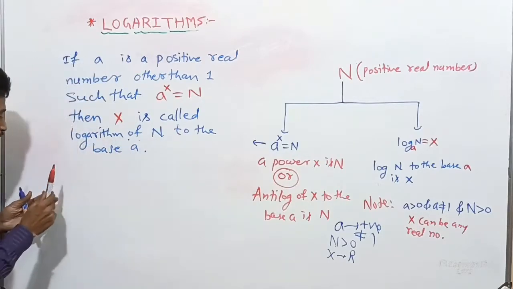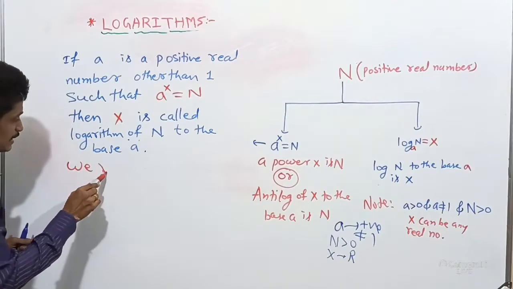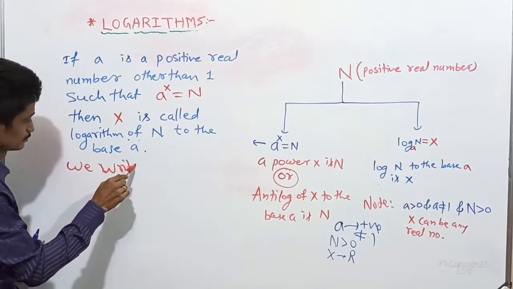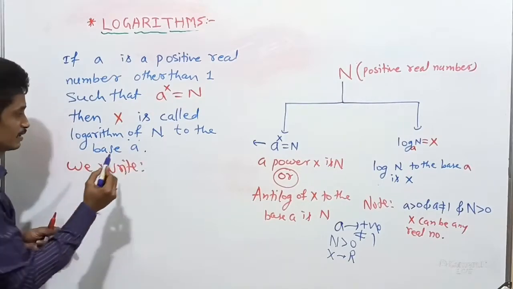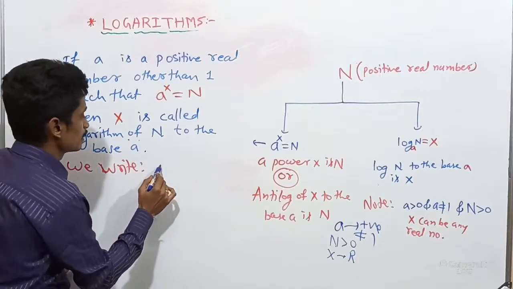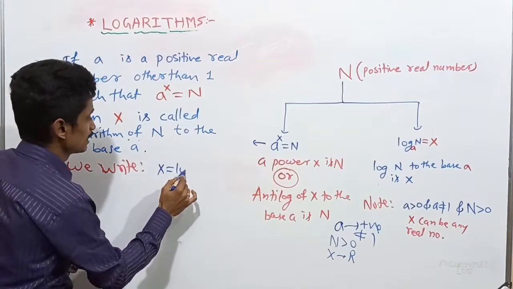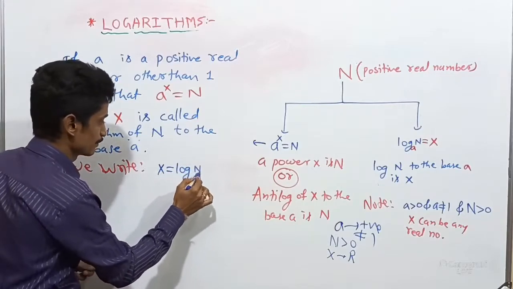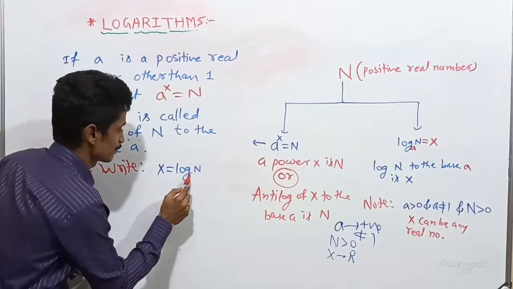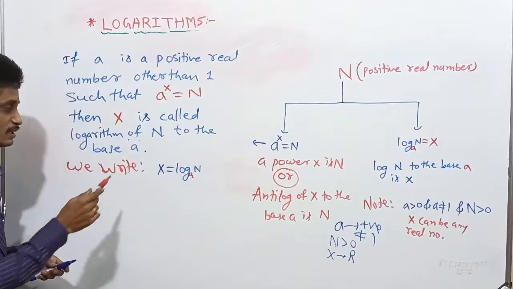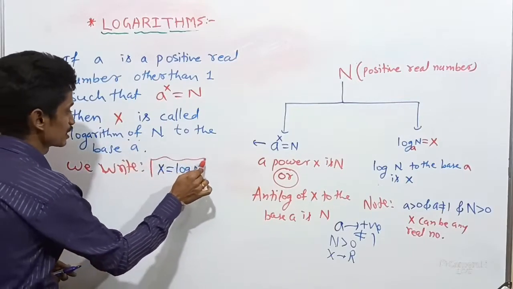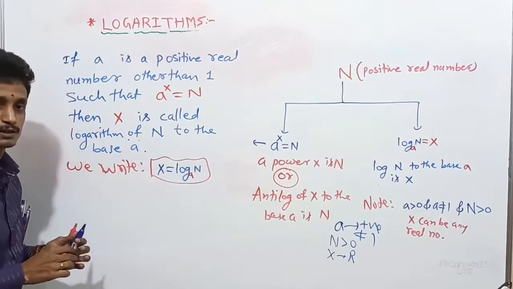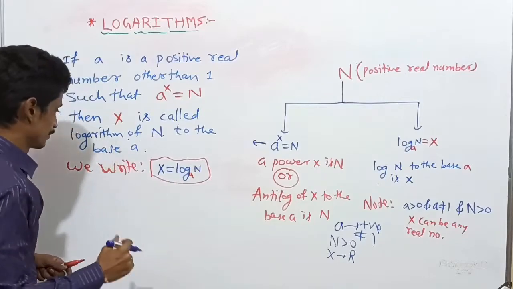How do we write this symbolically? x is represented shortly as log of n, with suffix a. This is the representation of the logarithm of the number.